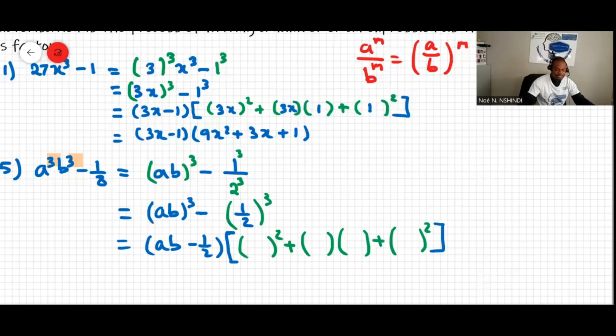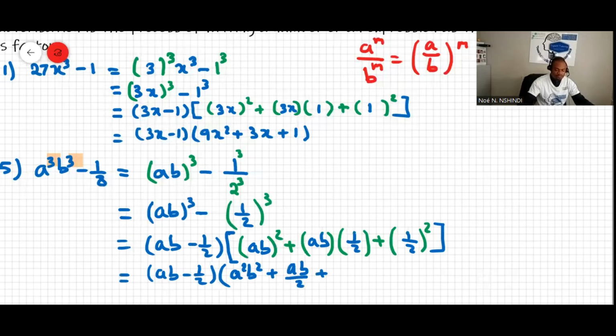Here a is just ab, plus ab also, b is a half, not negative a half, but a half, and b squared is a half squared. And then we can simplify this further. Ab minus a half will be equal to what? A squared b squared, plus ab times a half is ab over 2, plus a half to the power of 2, so that makes 1 over 4. That's question 5.